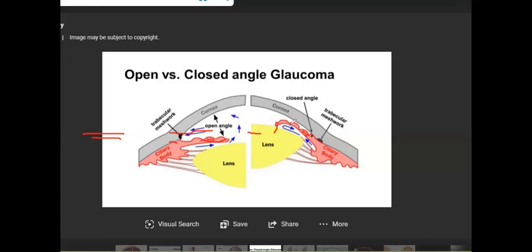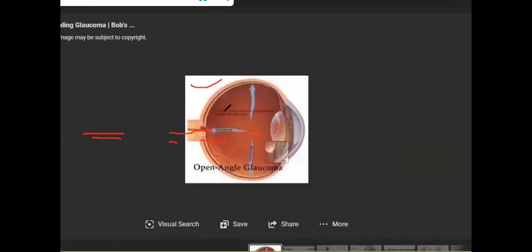So close angle glaucoma is more dangerous because all the humor is filled in the vitreous body, and then it kind of exerts pressure on the walls of the eye and also the optic nerve present at this particular level.